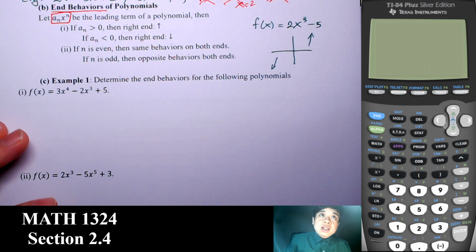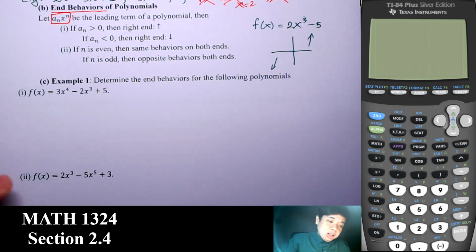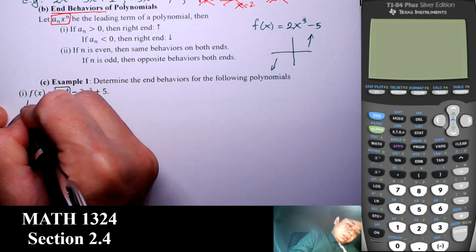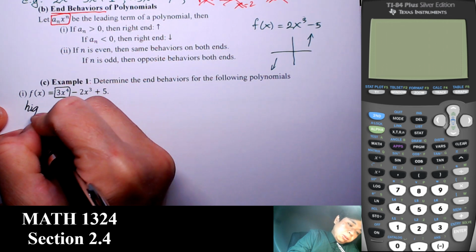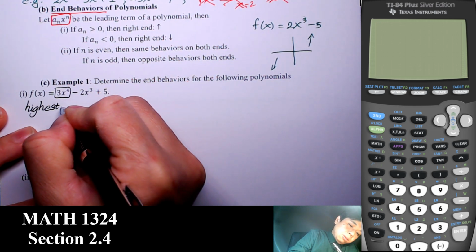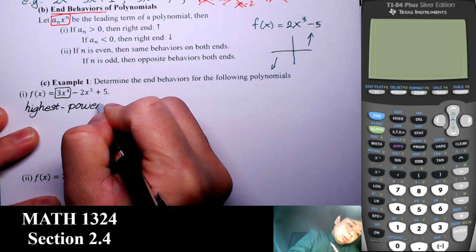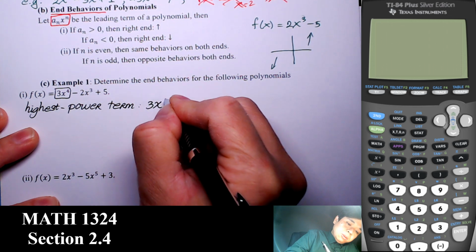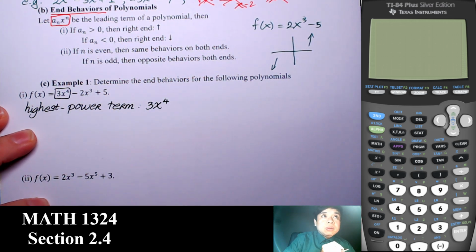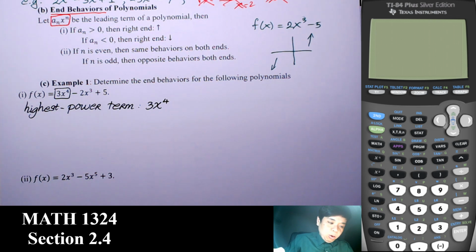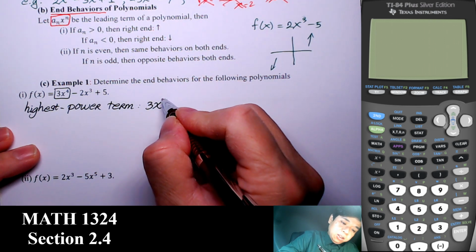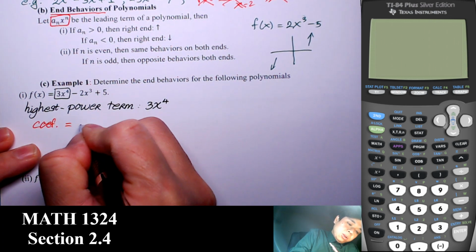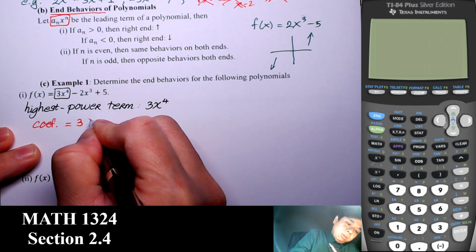Let's look at this example. We just look at the highest power term, to the fourth power. For that, we focus on two things. The coefficient is 3, and that is positive.